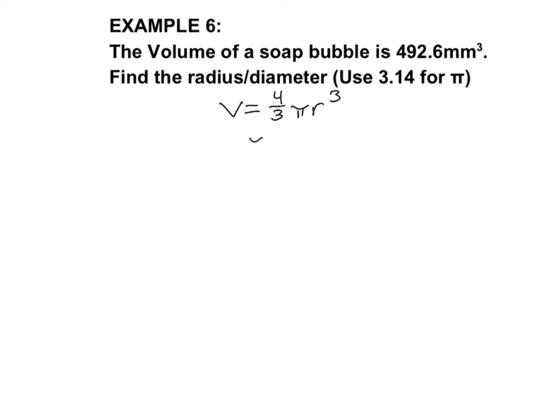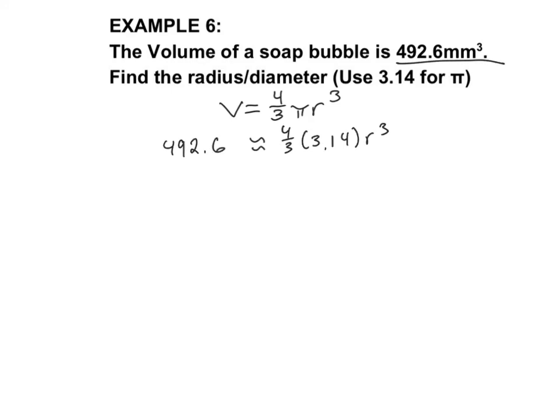We'll use 3.14 for pi, so 4/3 times 3.14 r cubed. We're given the volume, so I'm going to write the volume in as 492.6.